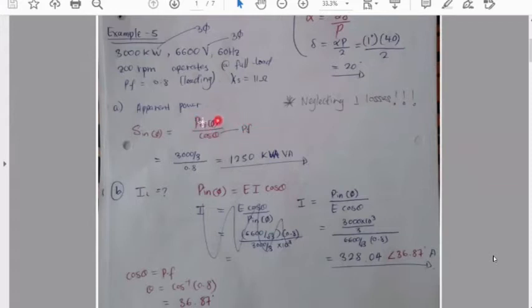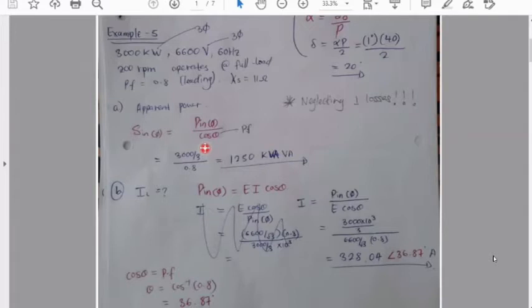Are we given the input power? Yes, we are, but we are given in 3-phase. We want single phase, per phase. So we just divide that by 3. Once again, I'm repeating myself. Don't go and divide by square root of 3. Don't confuse yourself with power and volts. When you want power per phase, you divide by 3.